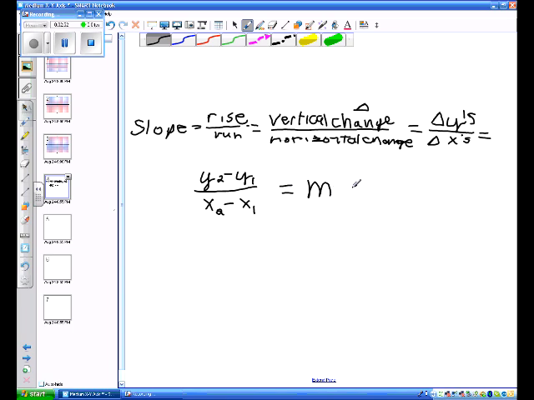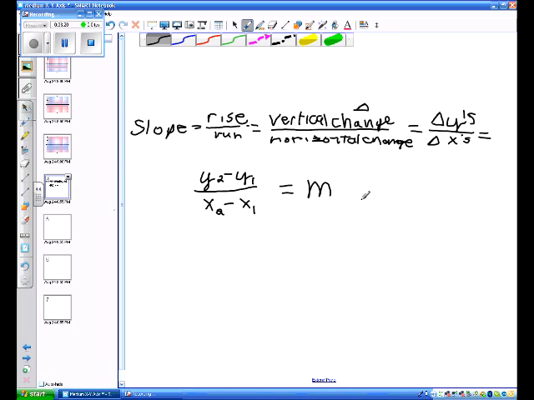Now for slope we use the letter M, and most likely there's a French word, monter, and it means to rise or to ascend. I think our word mountain came from the same word. And Descartes, who was French, is the one that did our analytical geometry.